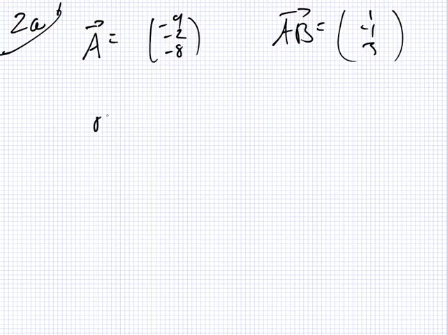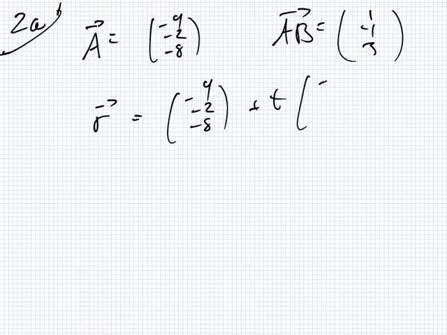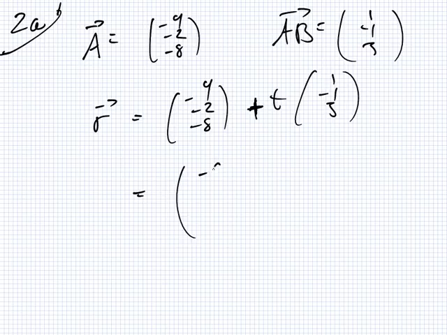So the R is A plus T AB. Now you don't have to, but if you wanted to, you could simplify this into -9 plus T, -2 minus T, -8 plus 3T.